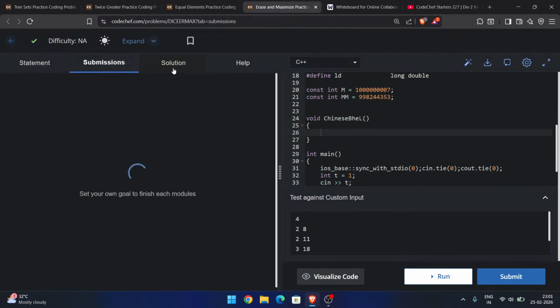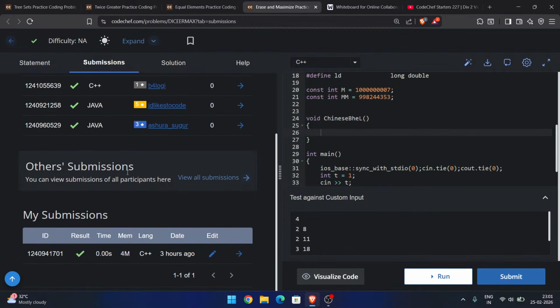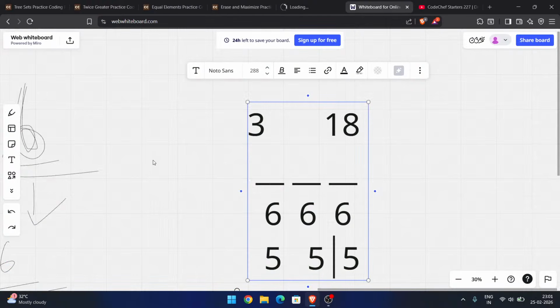So in short, what we are doing, okay, let me show you my code. So that was the observation here, that if we can't put 6, then what is the maximum number we can make here without sacrificing our 6? So it would be 5 into n.